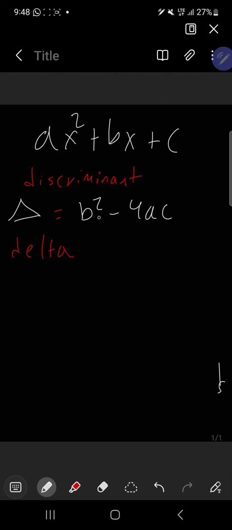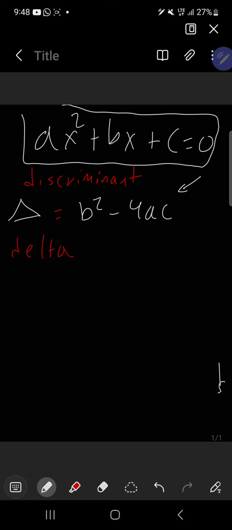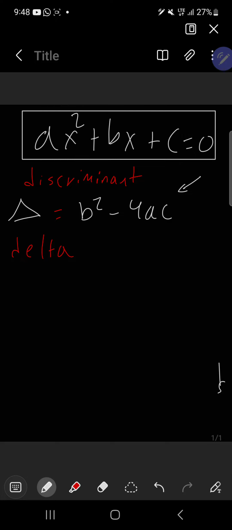We just memorize this, and depending on the answer of delta, we can determine how many solutions there are for this equation. Okay, for any second degree equation, we need to memorize that delta equals b squared minus 4ac, and if delta is positive, we get two roots.